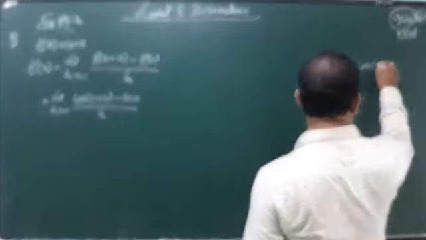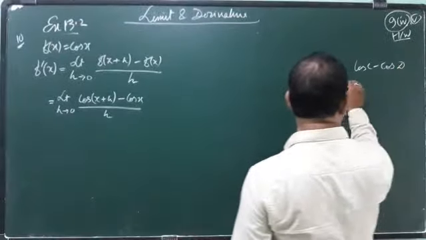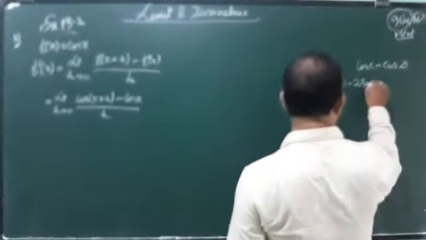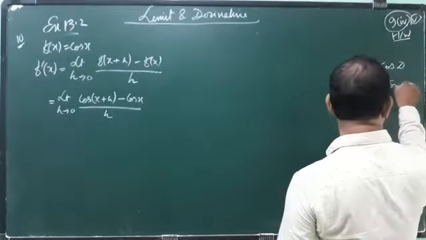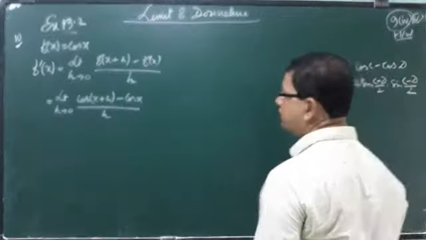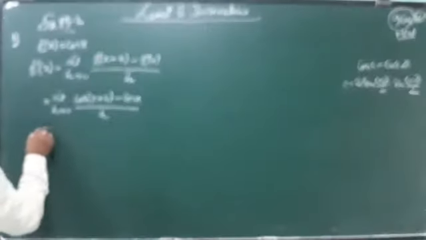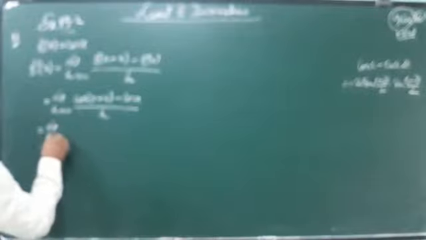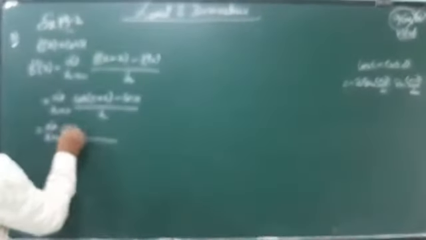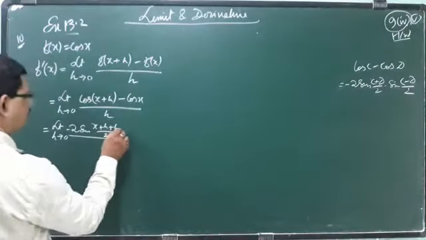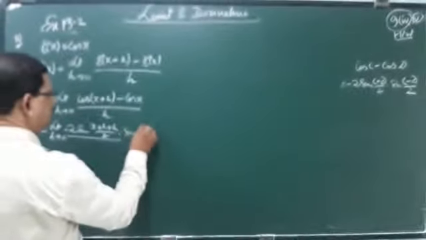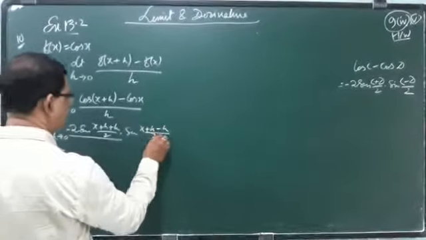We have one formula: cos c minus cos d is minus twice sin((c plus d) by 2) into sin((c minus d) by 2). Here also we can write it this way: limit h tends to 0 of minus 2 sin((x plus h plus x) by 2) into sin((x plus h minus x) by 2), whole thing divided by h.